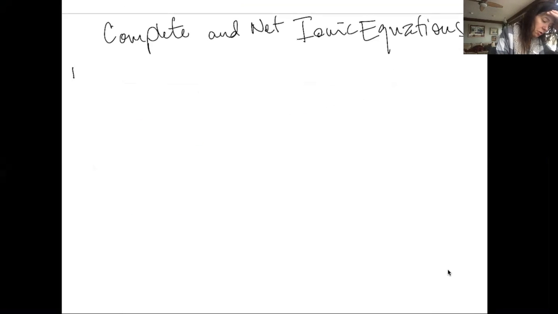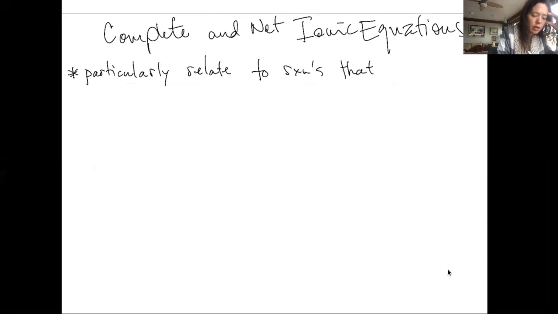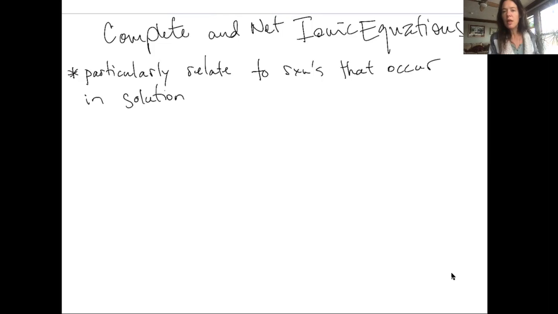These particularly relate to reactions that occur in solution. Okay, so what that means is when you have one solution and you mix it with another solution, you know, what reactions might occur. So there would be a reaction that occurred in solution, right?